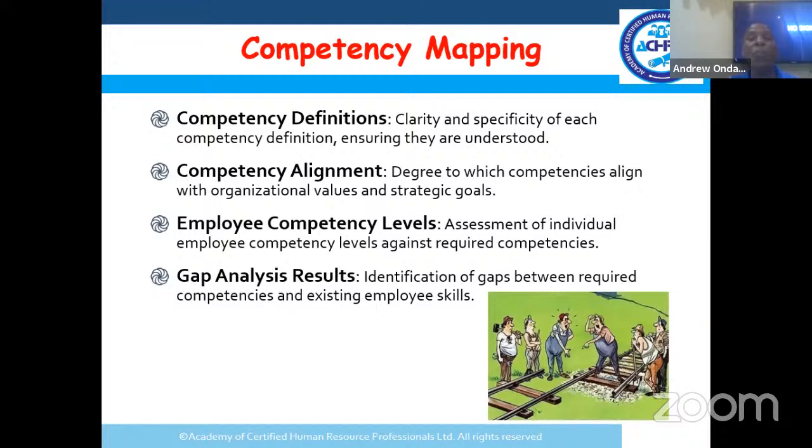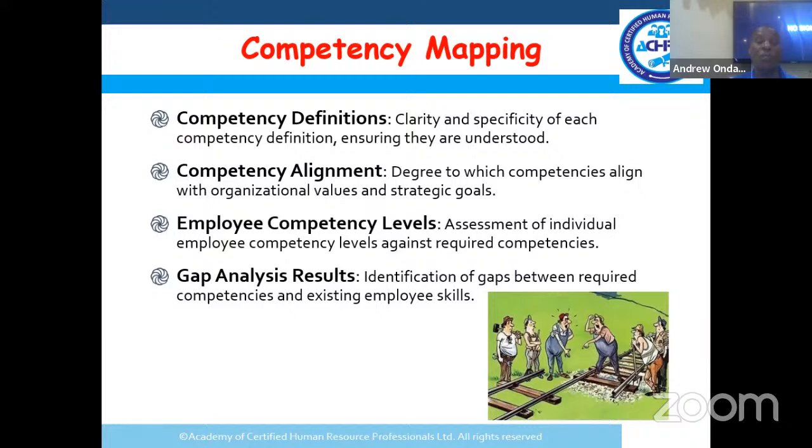Then in terms of competency mapping, we look at gap analysis, which are the skills and knowledge that we are lacking, and that can be done in many ways. I will only mention two: you can get a gap analysis through training needs assessment, or through performance appraisals.